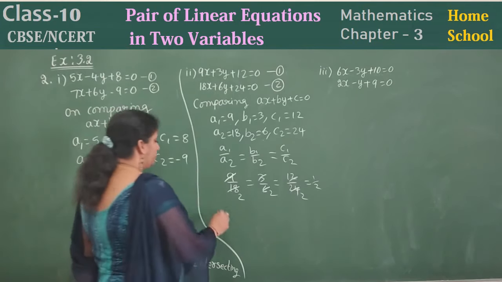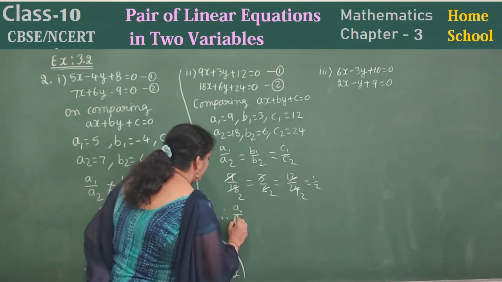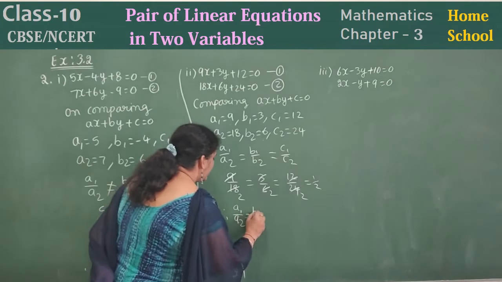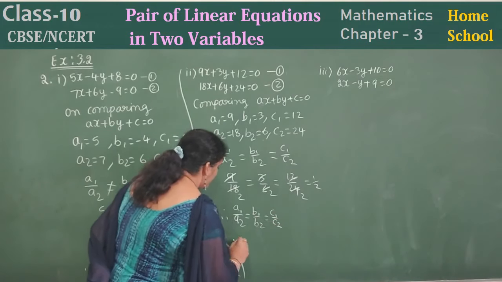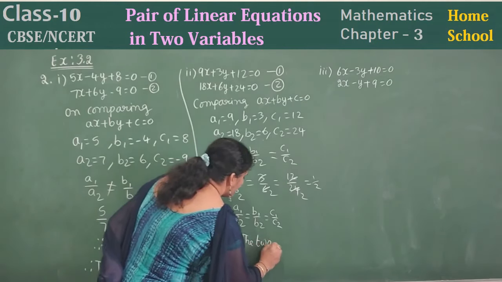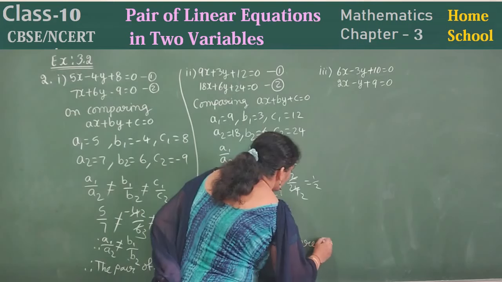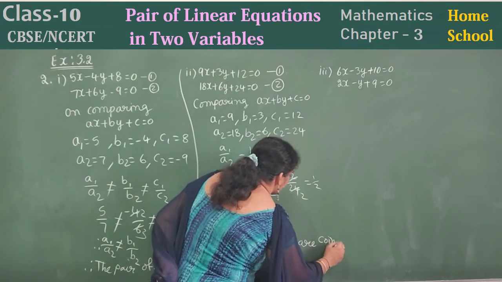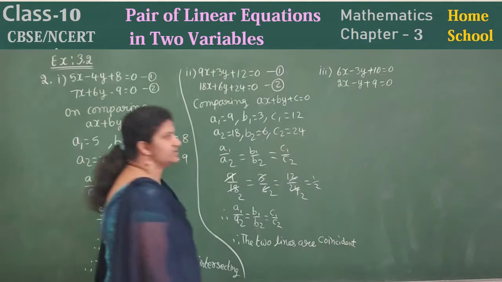Therefore a1 by a2 is equal to b1 by b2 is equal to c1 by c2. Therefore the two lines are coincident.